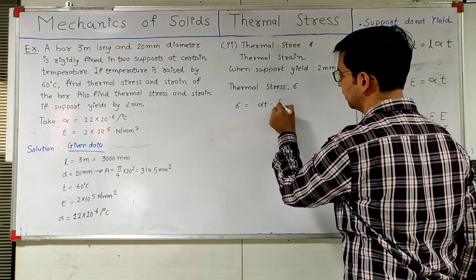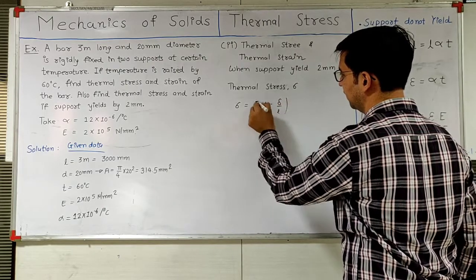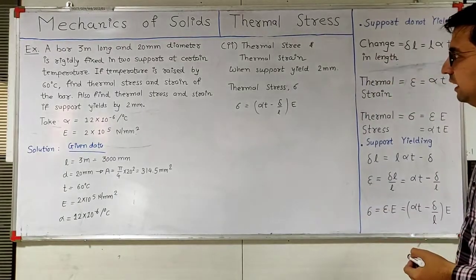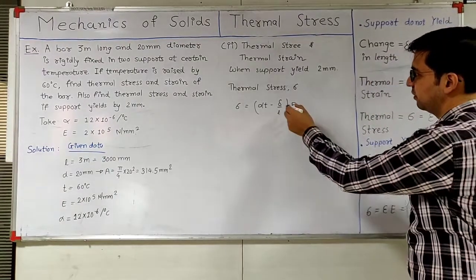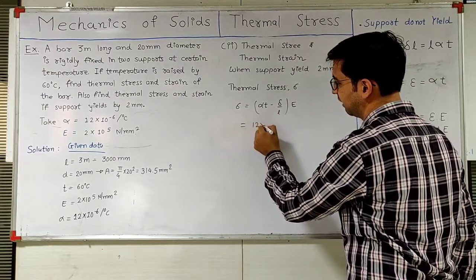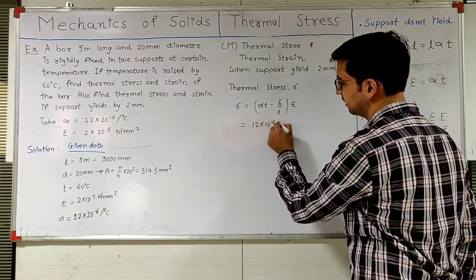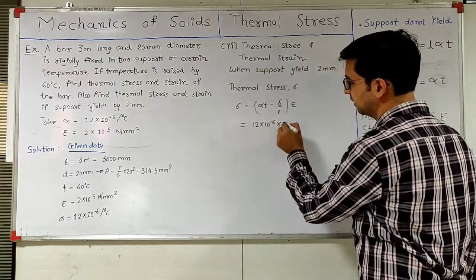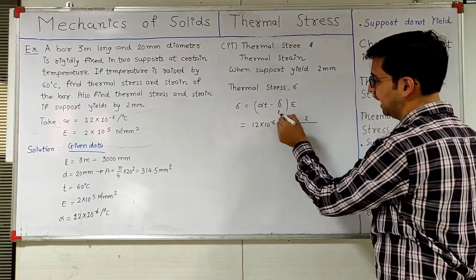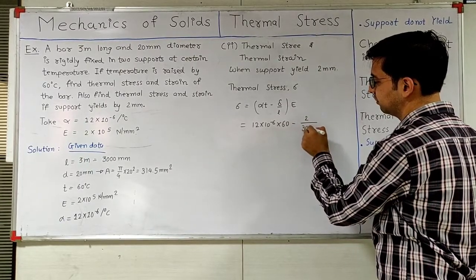alpha into T minus delta over L, multiply that value with modulus of elasticity. Here delta value is 2 mm. So alpha is 12 into 10 raised to minus 6. Temperature is given 60 minus delta value 2 mm. L is 3000.